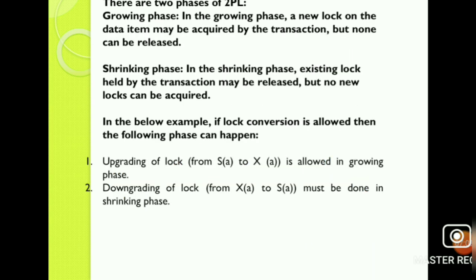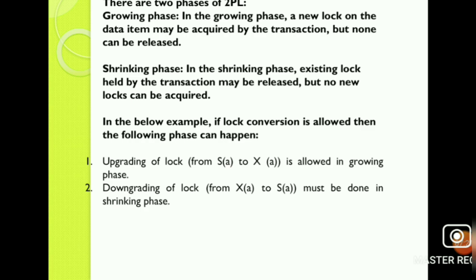The two phases in this protocol are the growing and shrinking phase. Growing phase means the transaction X has requested three locks, lock A, B and C. Acquiring the locks one by one is called the growing phase.